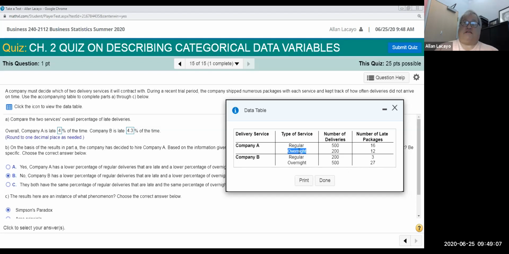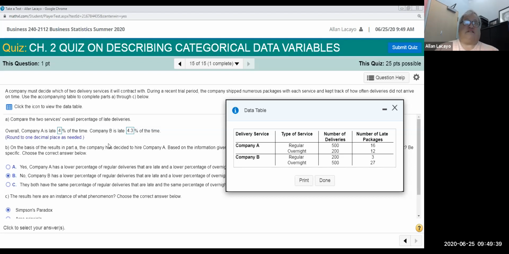But if you ignore regular versus overnight and you just lump those two services into how many total late packages you see between Company A and Company B, what you'll notice is that the overall rate of Company A is 4% of packages, because the 28 packages that you see here in Company A being late, out of the 700 total packages delivered, results in a 4% late rate.